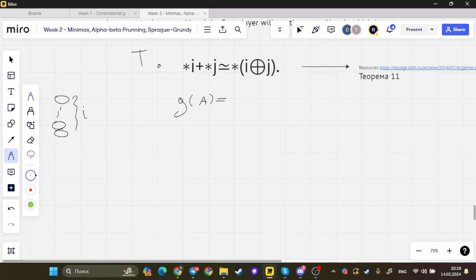If we are the first player and E is greater than one, it means we can always win. We take all the stones.